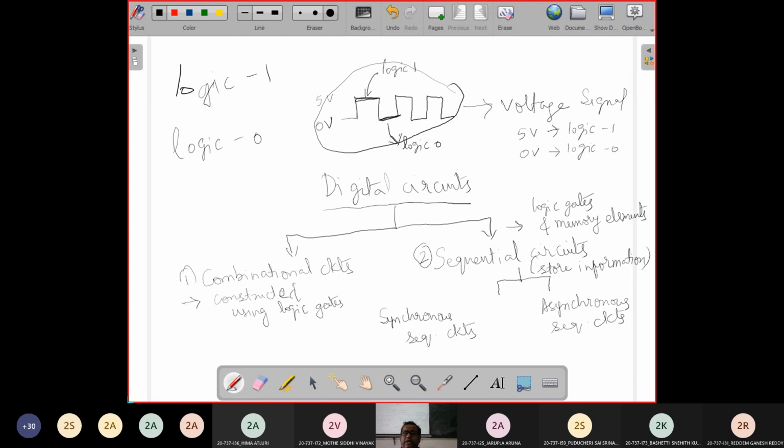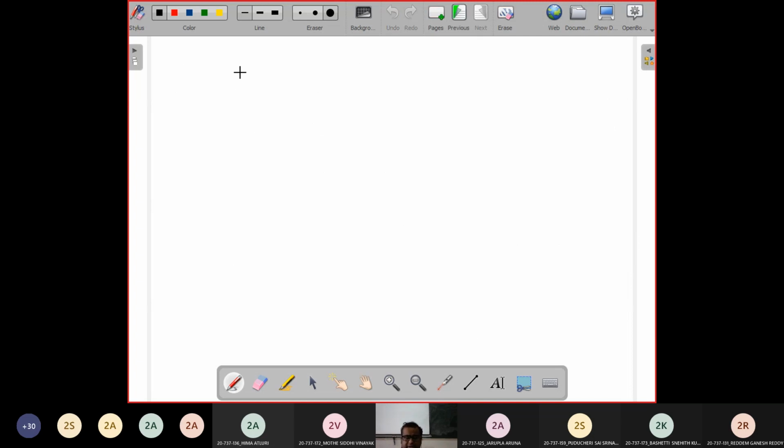Now let us see some examples of combinational circuits and sequential circuits. I'll list out some examples of combinational circuits. One example is a circuit internally which performs the addition operation, an adder circuit.